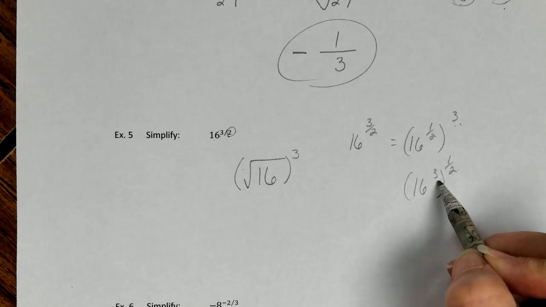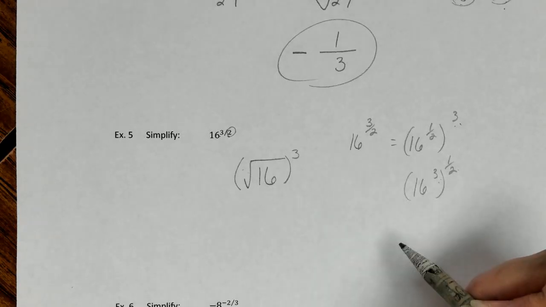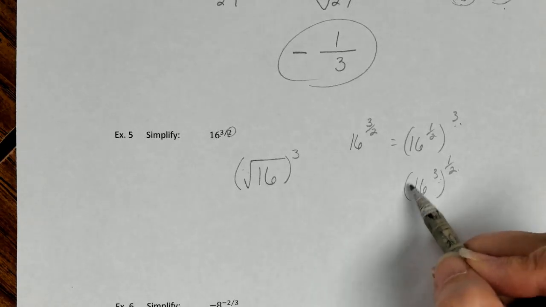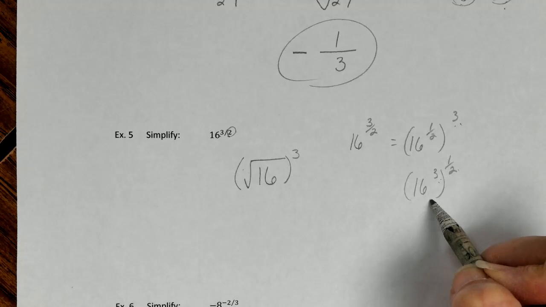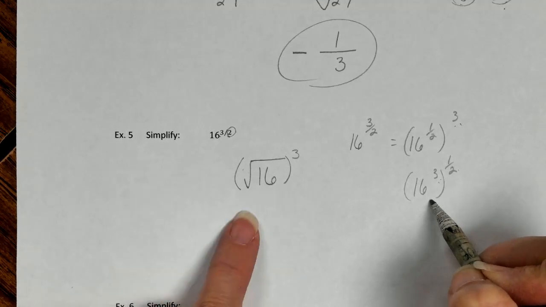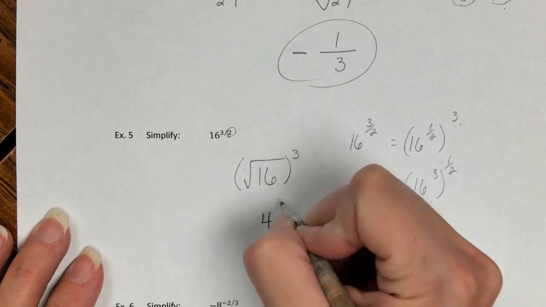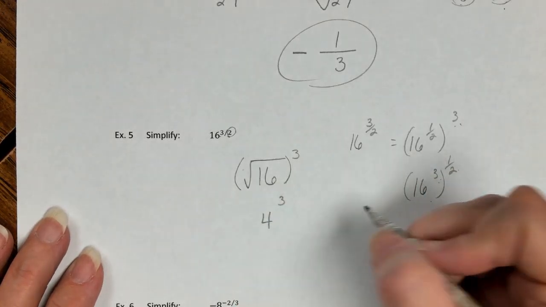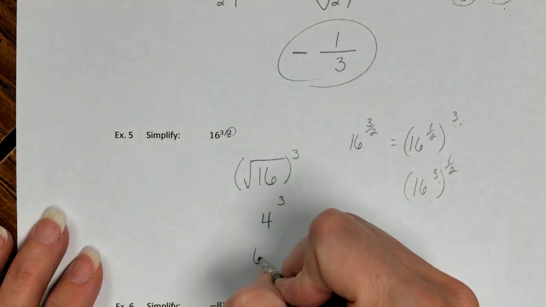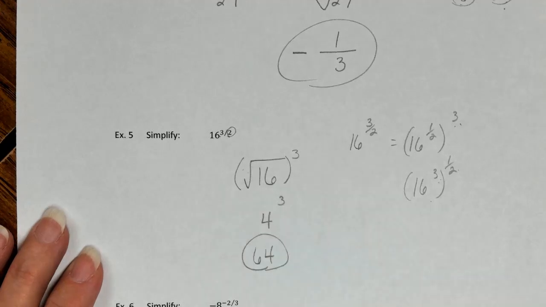Either one of these gives you 16 to the 3/2. I don't want to have to take 16 times 16 times 16 and then try to find the square root of that. Square root of 16 is much easier. That's 4. So now I have 4 cubed. So 4 times 4 times 4, 64. And that's it.